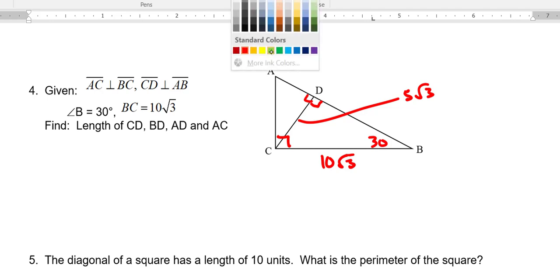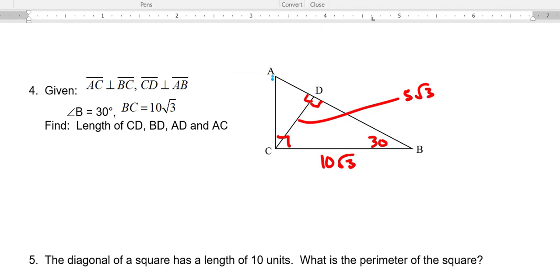And now if I just focus on this triangle over here, this is a 60-degree angle right there. The 60-degree angle is opposite my 5 root 3 side. And so that means that this side is the side opposite the 30-degree angle, so that's my x side, so it's going to be 5.